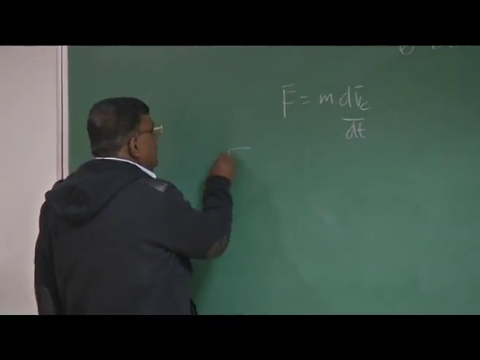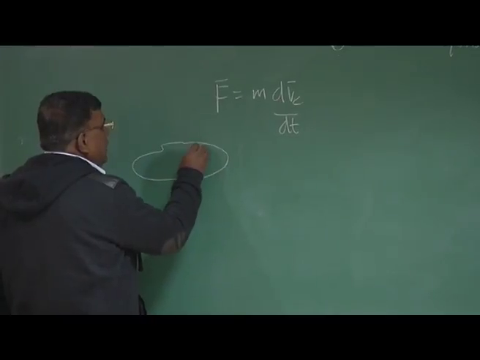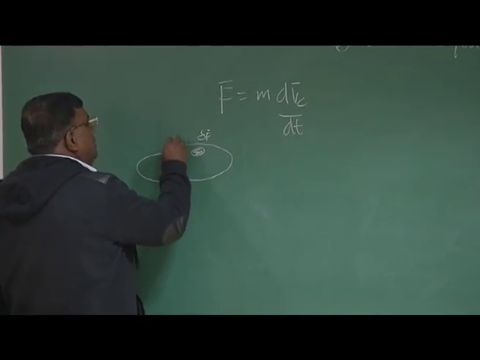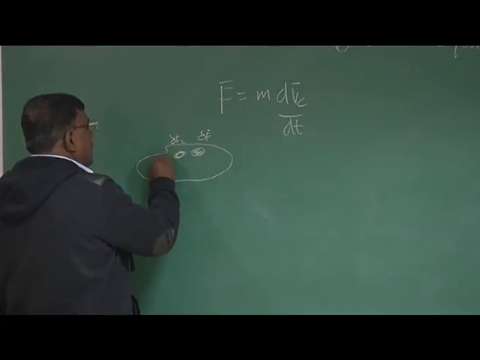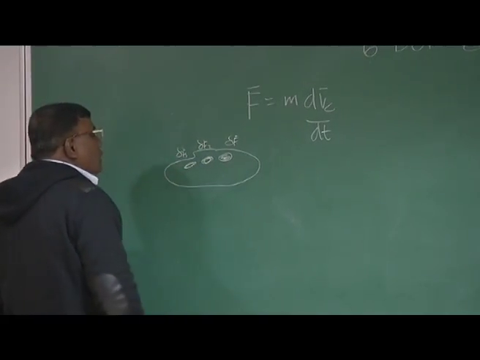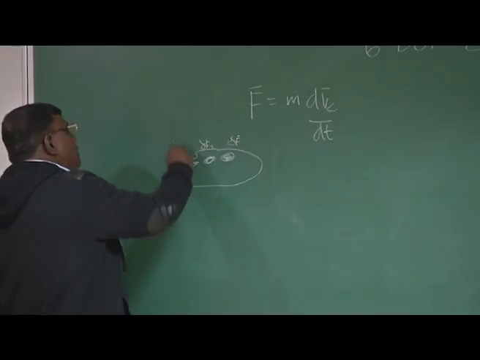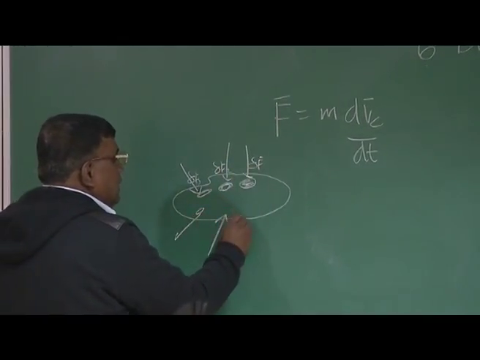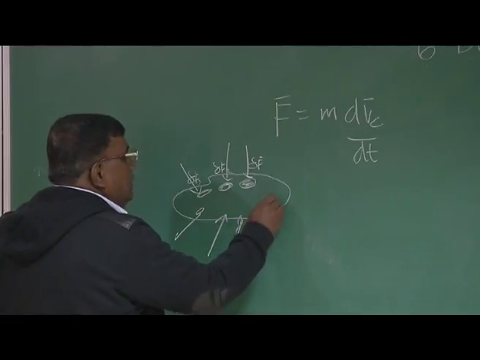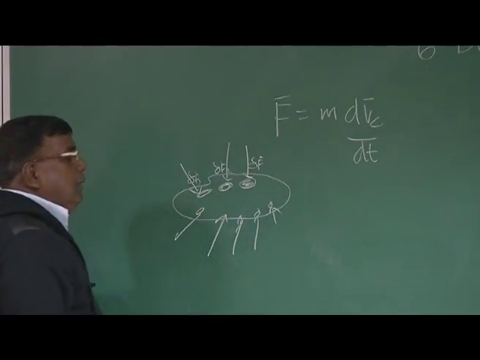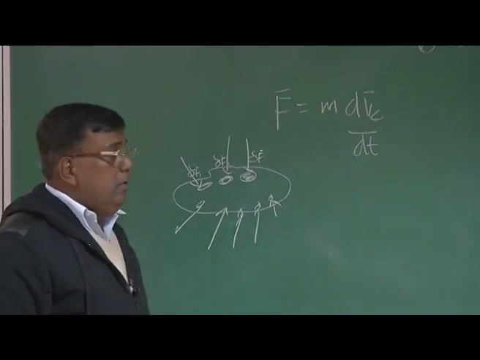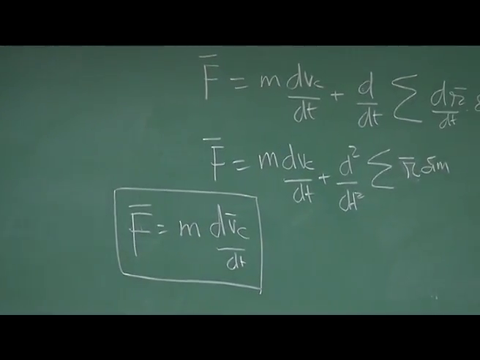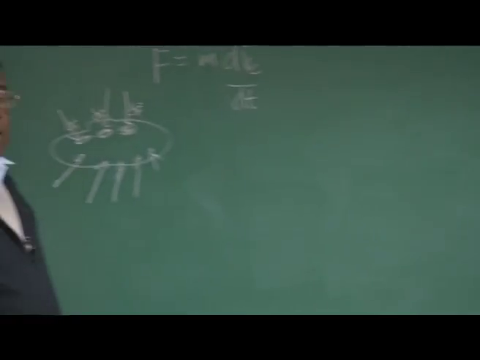We started with this body, we took an element mass, and say this is delta F acting, another mass delta F2, another mass delta F3. Let's say all these forces are acting in general directions on this body. Now how to apply Newton's law? This tells you the way to handle it, as long as we are working in inertial frame of reference.